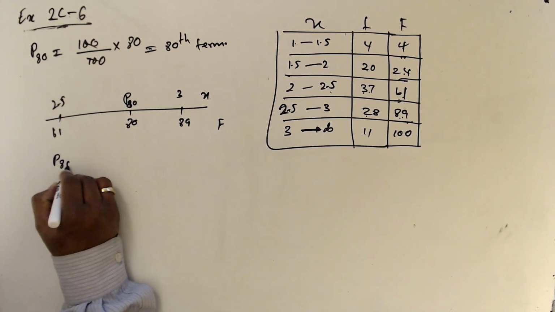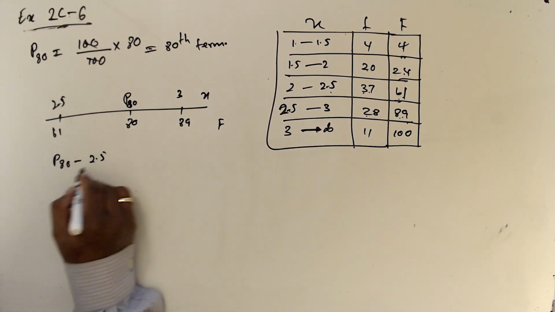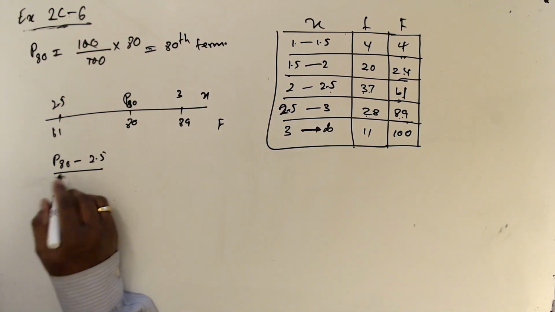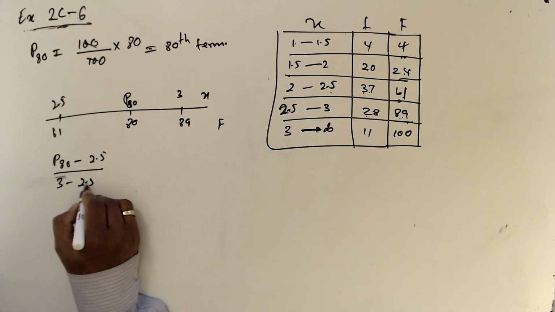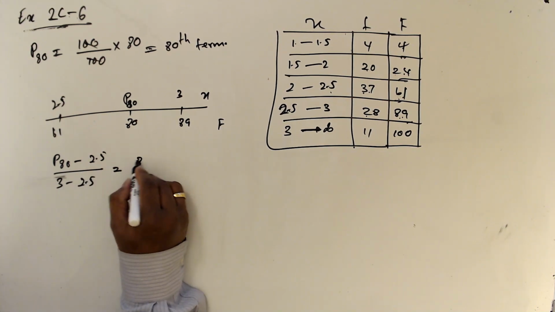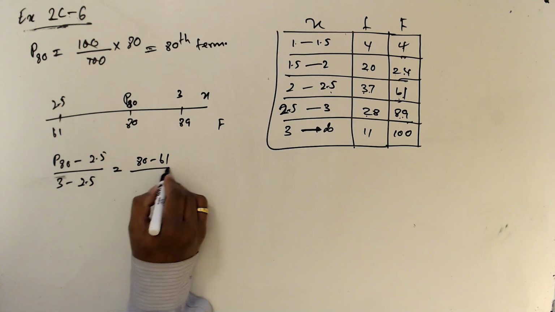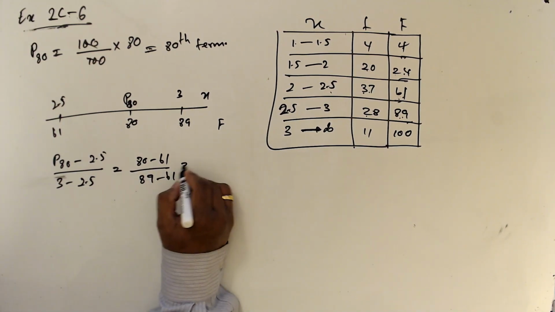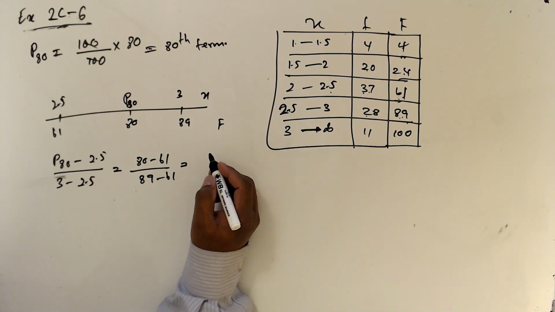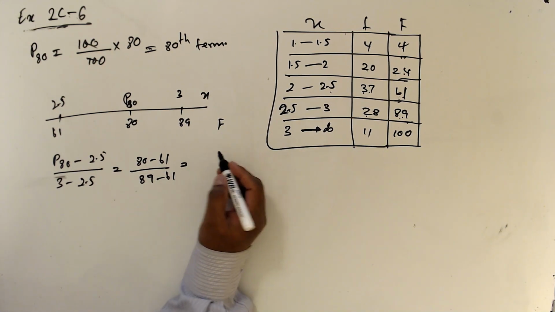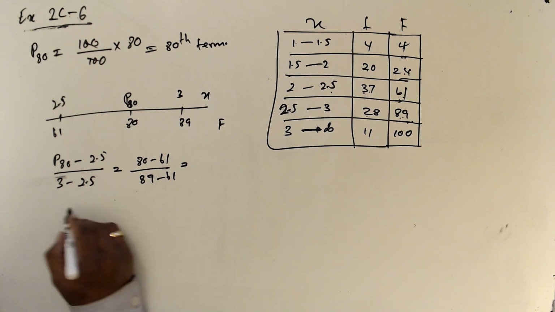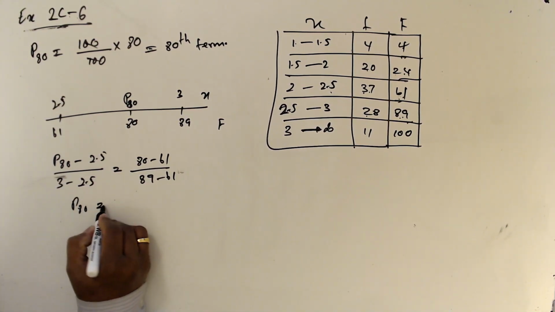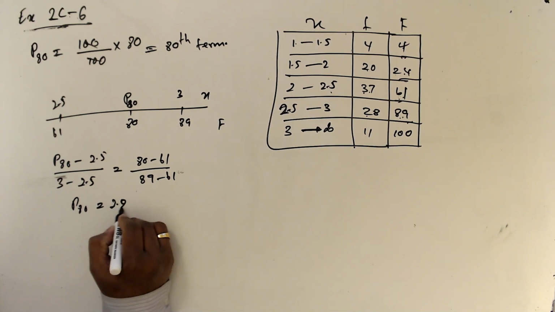Interpolation: P80 minus 2.5 over 3 minus 2.5 equals 80 minus 61 over 89 minus 61. When you simplify, P80 is 2.84.